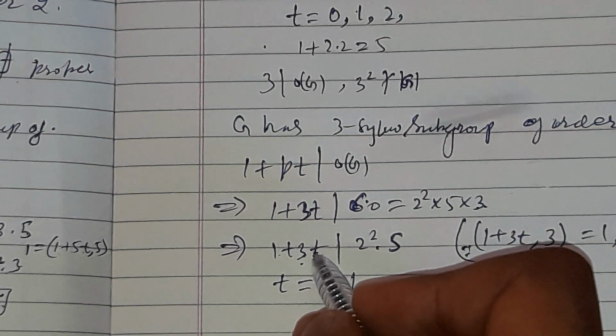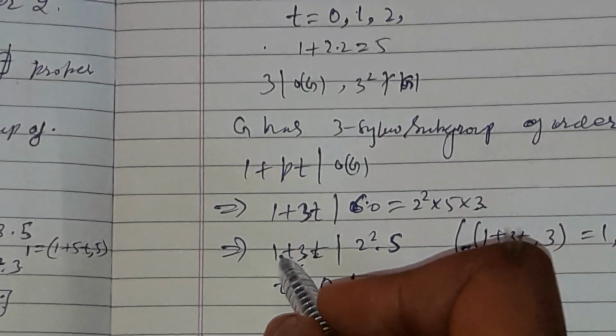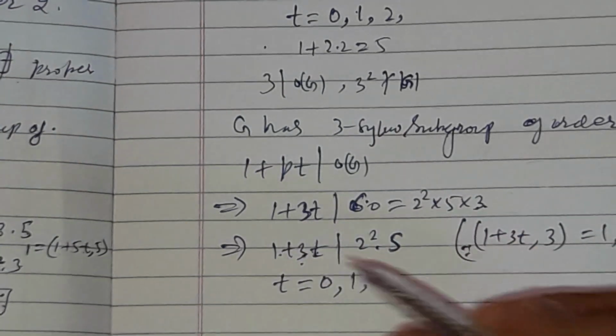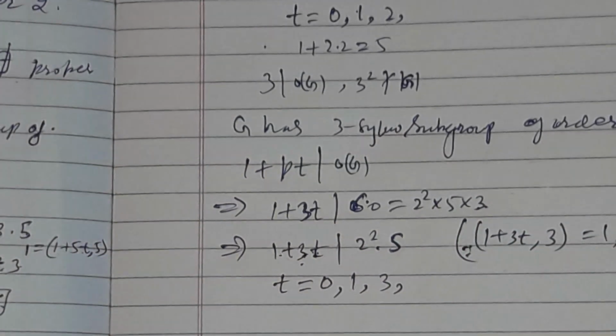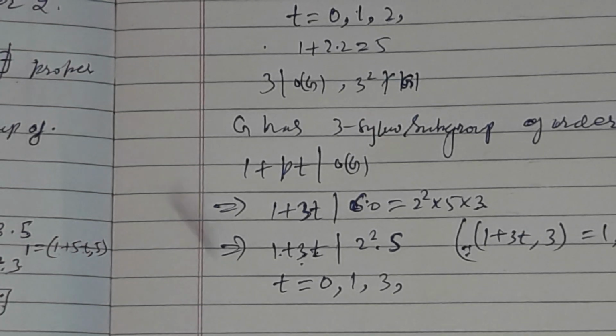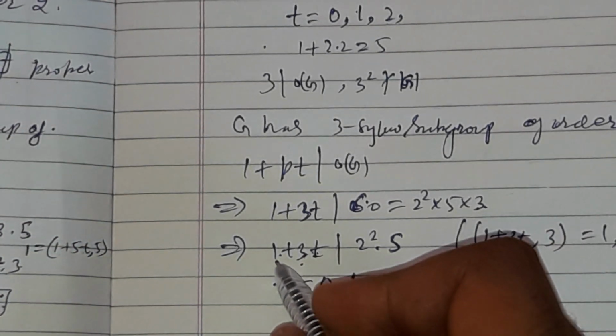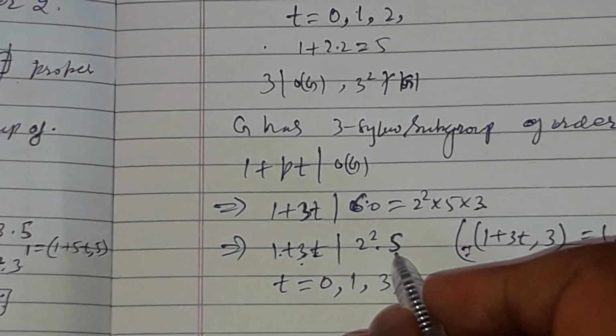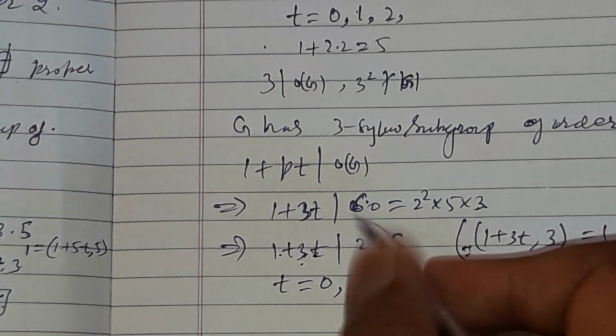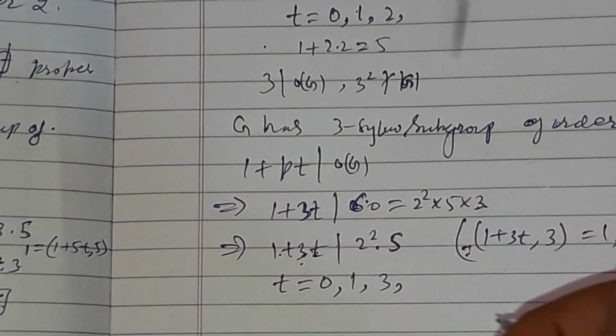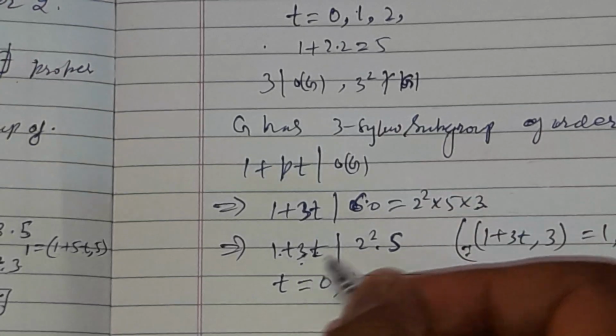t equal 3 works here, because 3 times 3 is 9, plus 1 is 10, and 10 divides 20. If we put 4, that becomes 13, which doesn't divide 20, and 19 also doesn't.